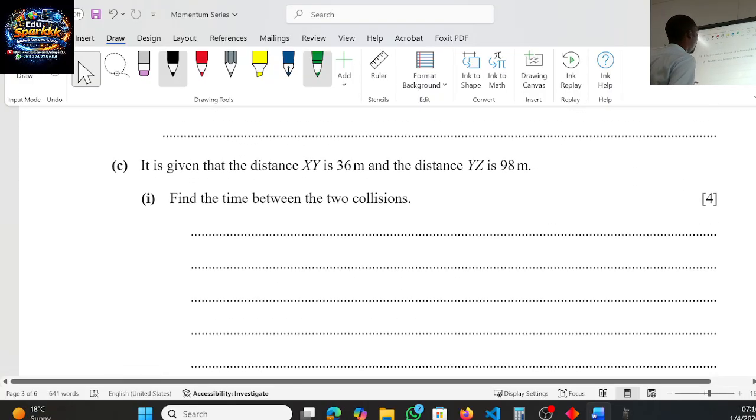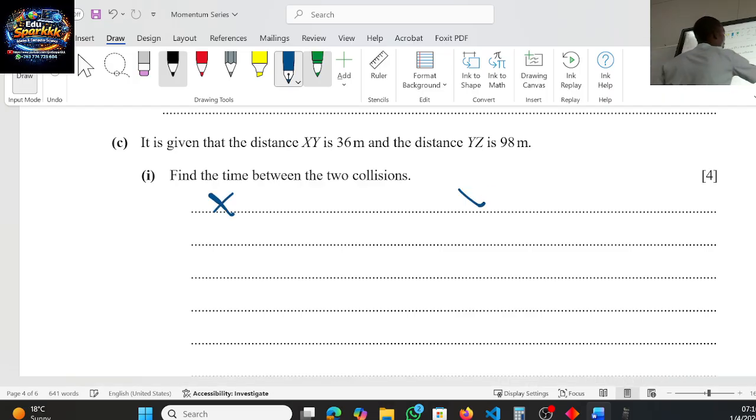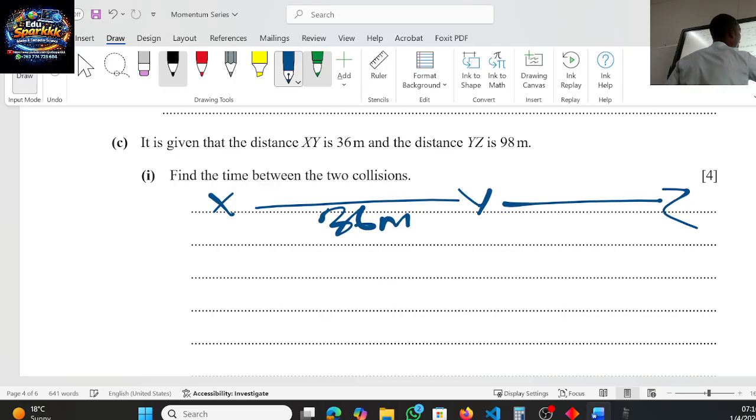So it is given that the distance xy is 36, and so we have x, y, z. So there the distance is 36 meters, and there is 98 meters. Then find the time between the two collisions.